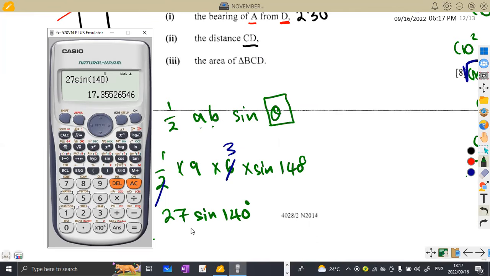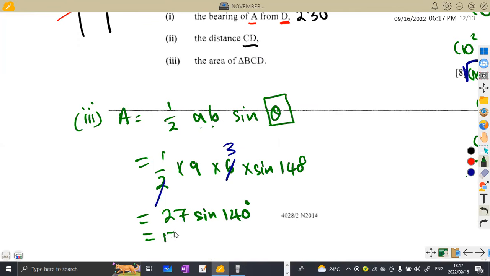Okay, so what are you going to get? 17 comma something like that. So that's our answer, 17,355, something like that up to the end. And to 3 SF, that's going to be 17,4 square kilometers. So remember, area is measured in square units. So it will be 17,4 square kilometers. So that was the idea there.